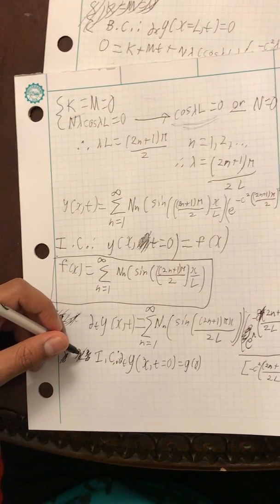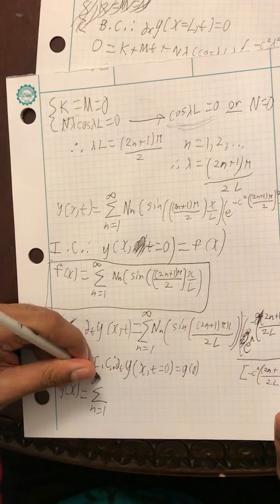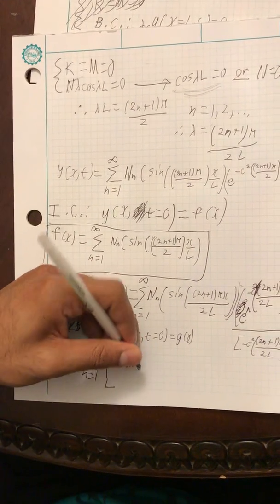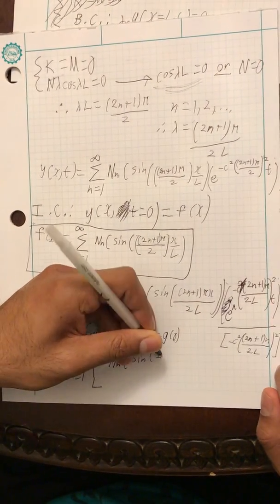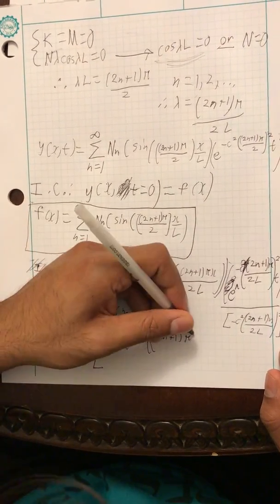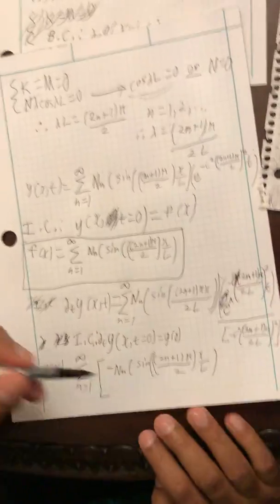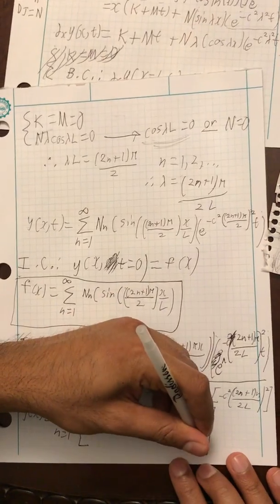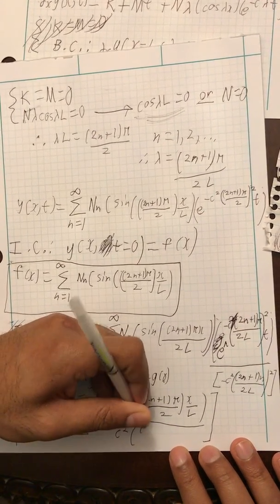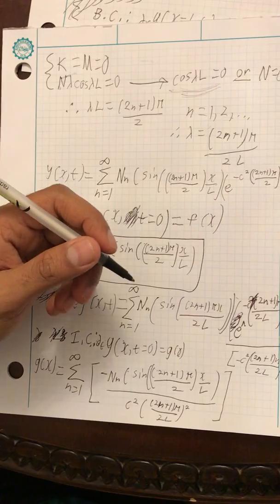But essentially g(x) then ends up equaling the sum from n equals 1 to infinity of negative b_n times sine of (2n plus 1) times pi x over 2L, times lambda divided by c squared times (2n plus 1) pi over 2L, squared, again lambda squared.